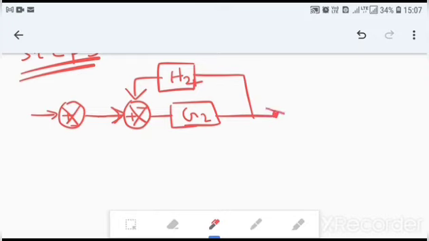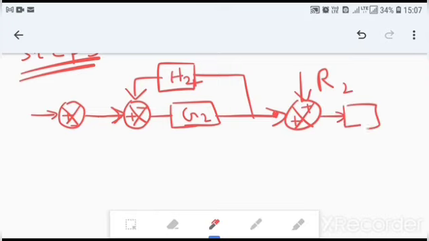And here we have the summing point for which we give the input R2. We can take plus and minus. And here we have G3, which is connected to the output C2.